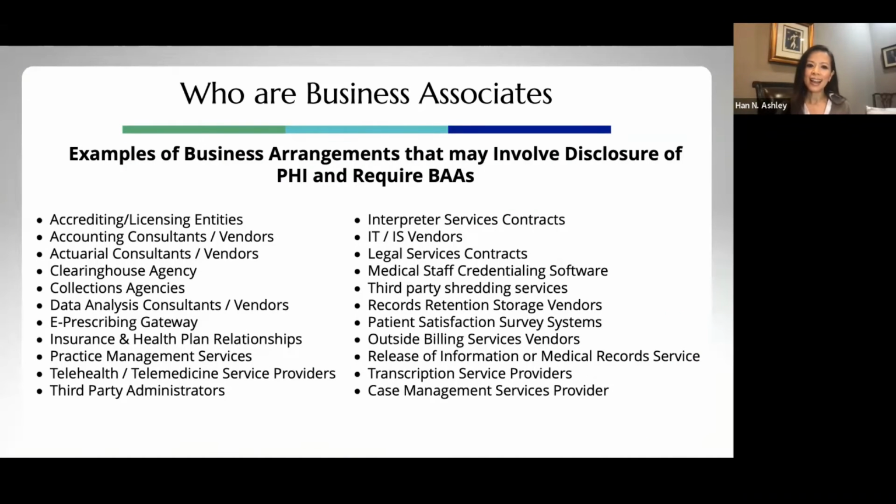Okay, now that we have an accounts payable list of all of your vendors and you're going through them and identifying who is touching your PHI, we feel that it's really important that you know who these folks are. And this is just an abbreviated list of examples of arrangements that would require a business associates agreement.